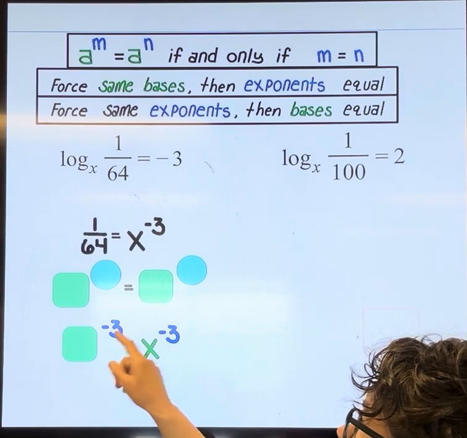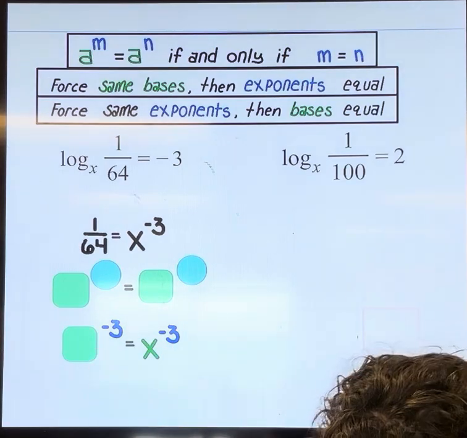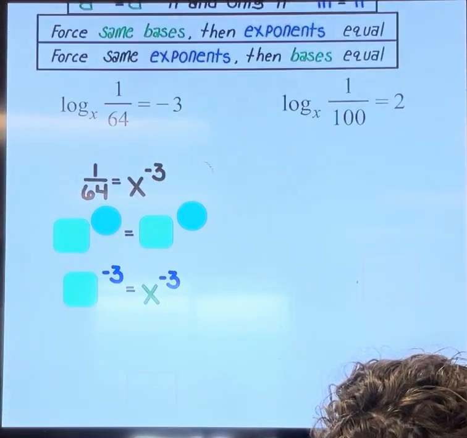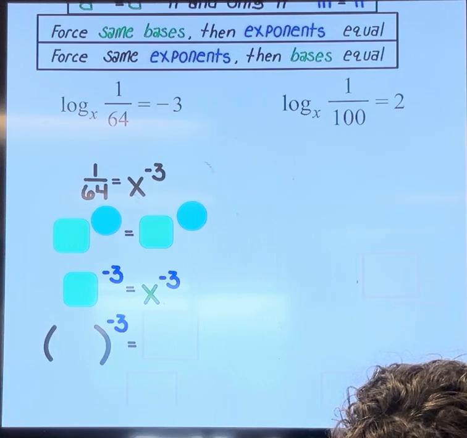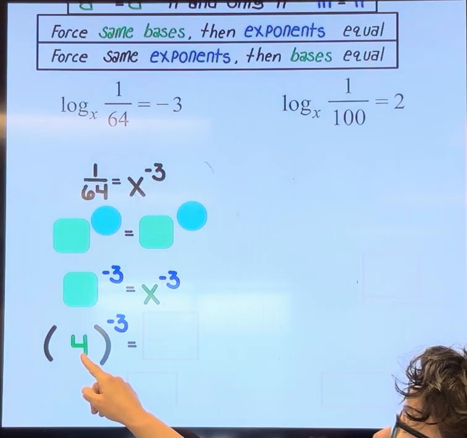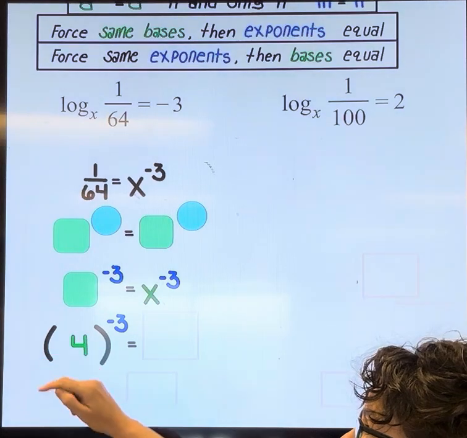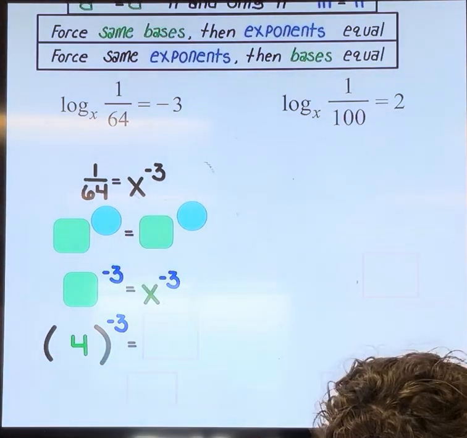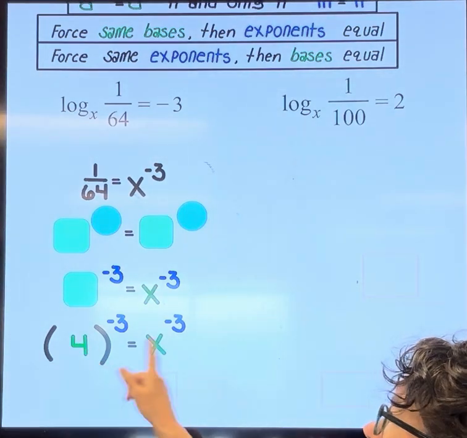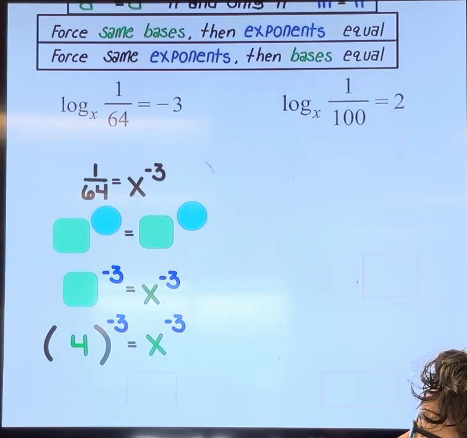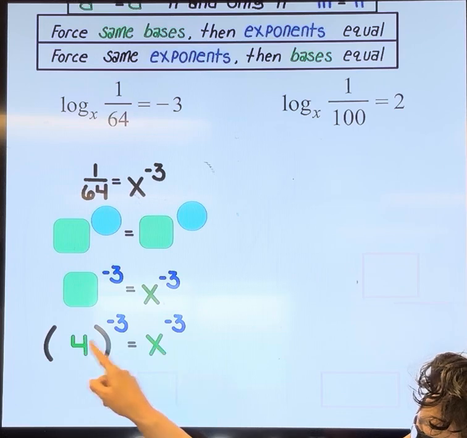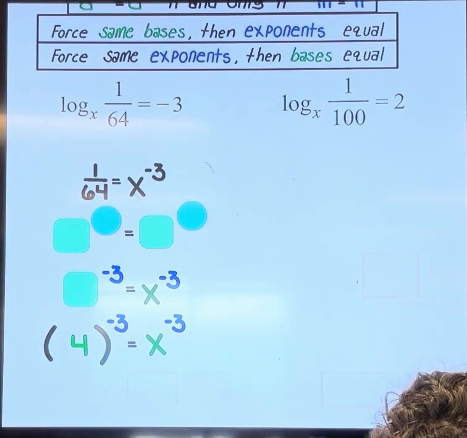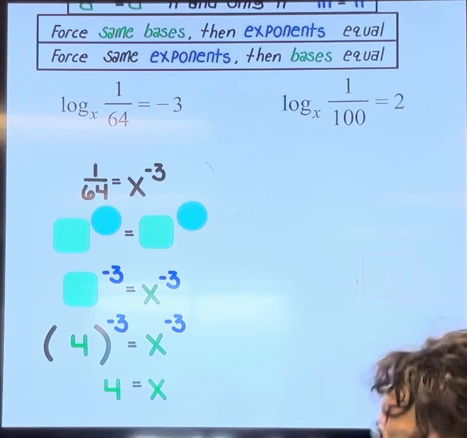Knowing those are going to be -3, this is 4 to the power of -3. That makes it 1/4 to the third, and then we had our 1/64. Now that I have rewritten it so that the exponents are the same, I now know that x must be the number 4.